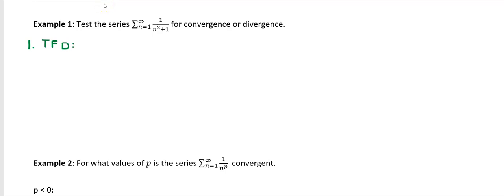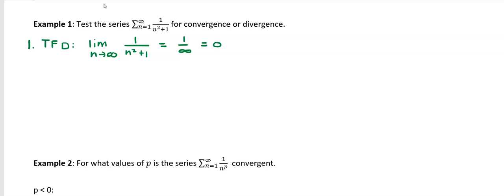So let's recall that the test for divergence has us take the limit as n approaches infinity of our sequence, 1 over n squared plus 1, and we need to see what this would equal. Well, my numerator would stay constant, my denominator would get awfully large, so this would approach 0.